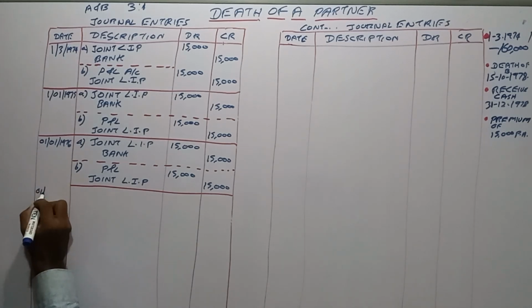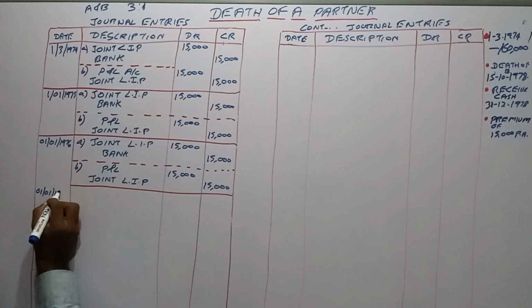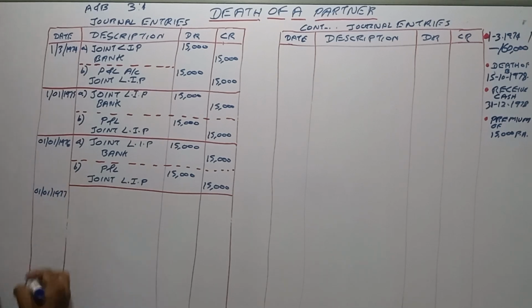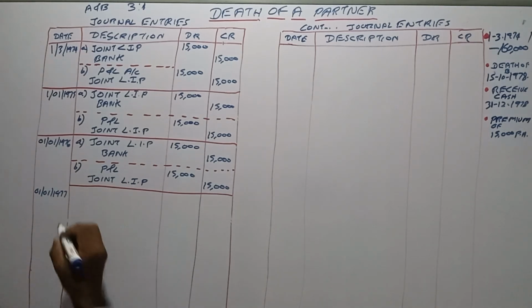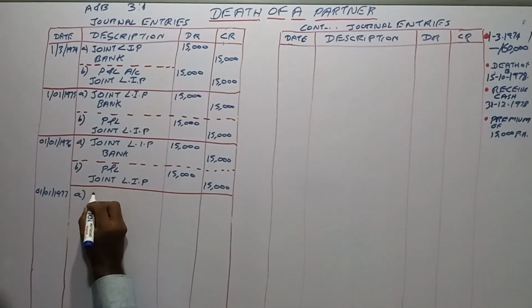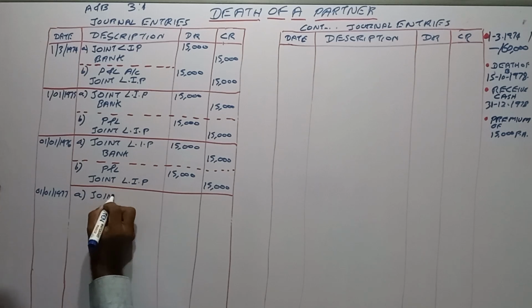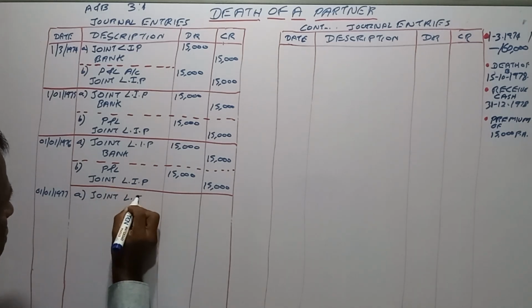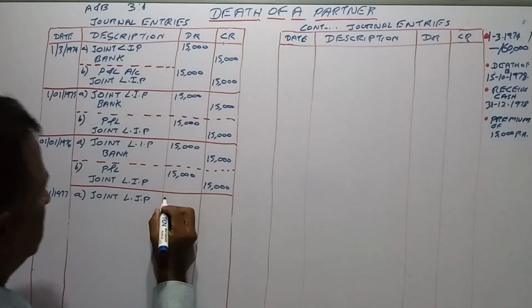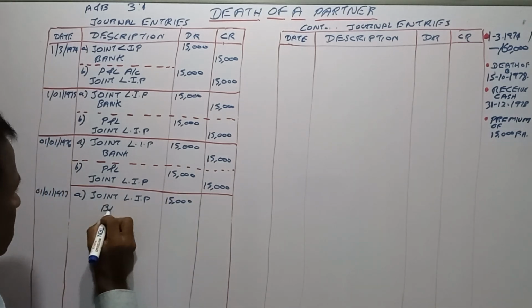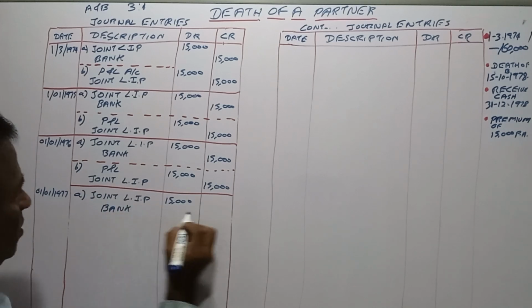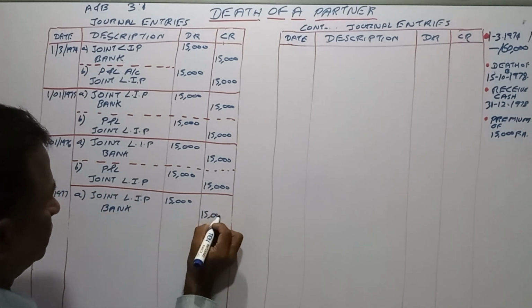Again on 1st of January 1977, we are making the payment, right? Joint life insurance policy 15,000, bank account credit 15,000.